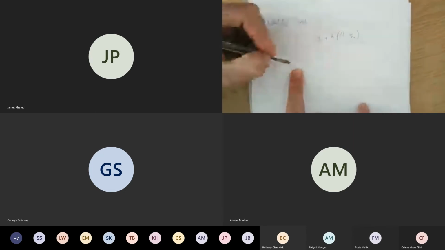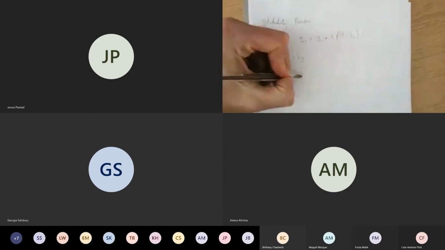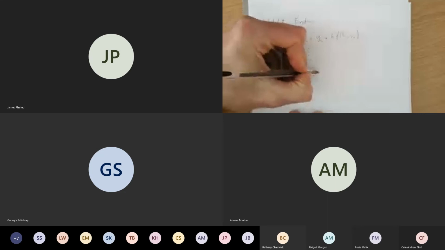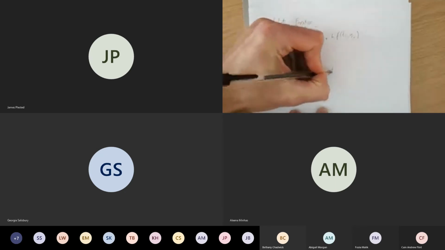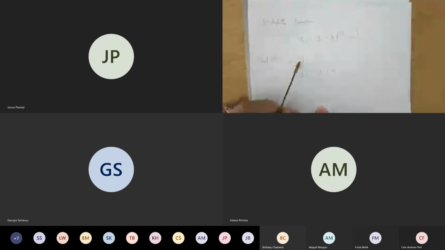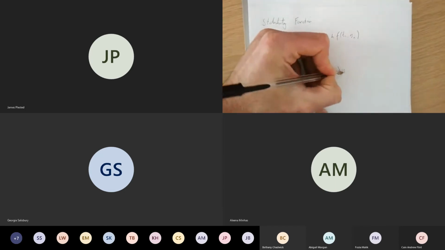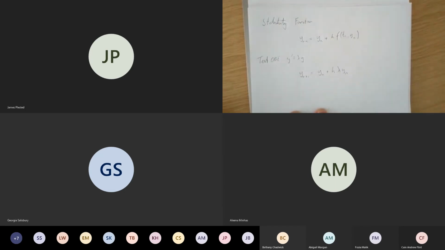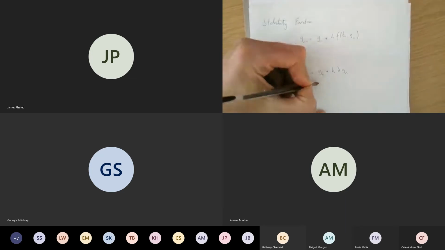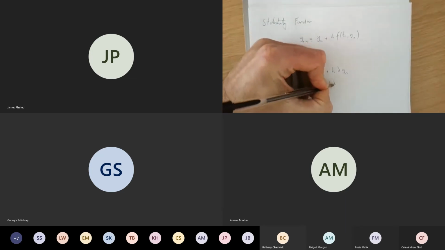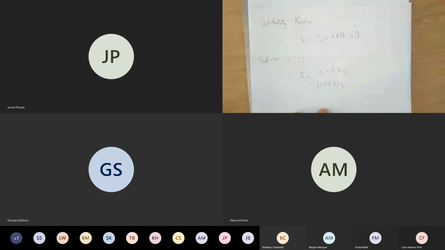Okay, so if I use that test ODE, our Euler method is yn plus h, and our f of t, y is simply lambda y. So I'd have lambda yn. Okay, and we've got two factors of yn. So if I factorize that, you can see this is our Euler method.